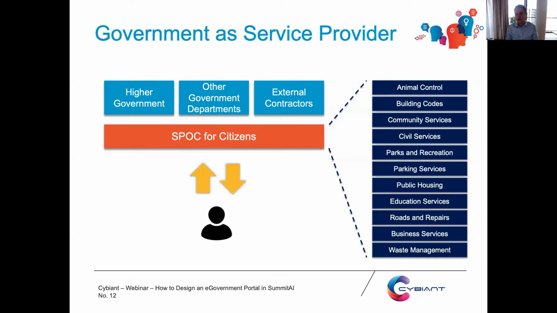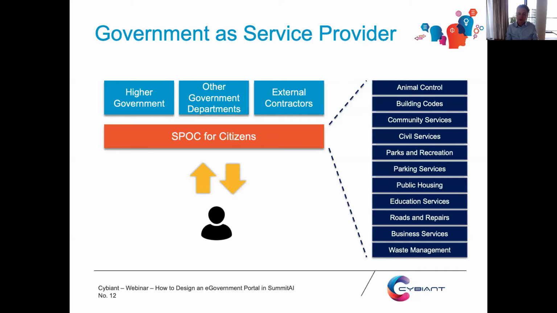So for instance, very common services that governments provide are civil services, parks and recreation, housing services, education services, roads and repairs, etc., etc. This list is actually very long, and especially for larger countries, there can literally be tens of thousands of services that governments provide. So how can we think about releasing those services or providing those services to citizens?